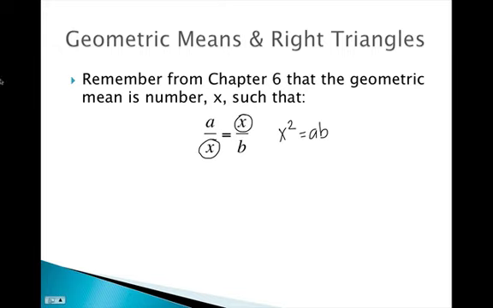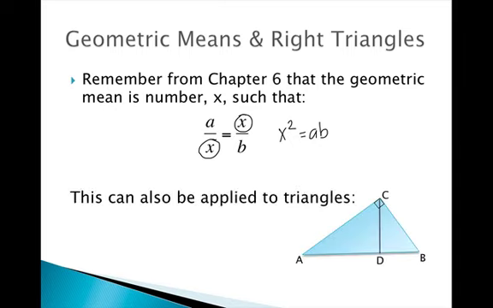Geometric mean can also be applied to triangles. You should have guessed that by now. Anything that we're doing in geometry pretty much can be applied to triangles. So let's go ahead and apply it to triangles. So we've got our right triangle right here, ABC. If we draw the altitude CD like we have here, we can use that as a geometric mean.